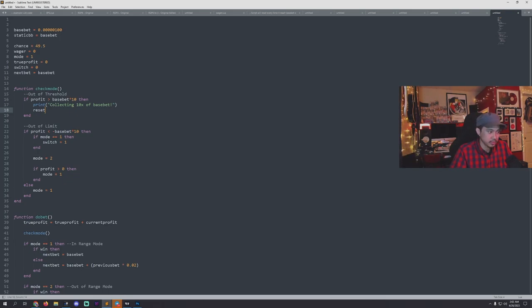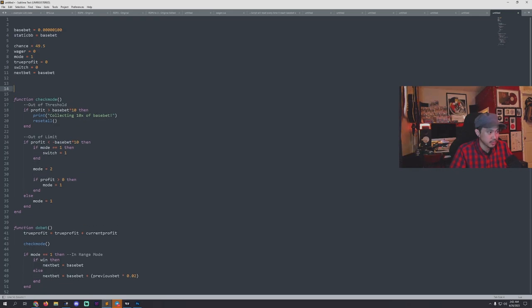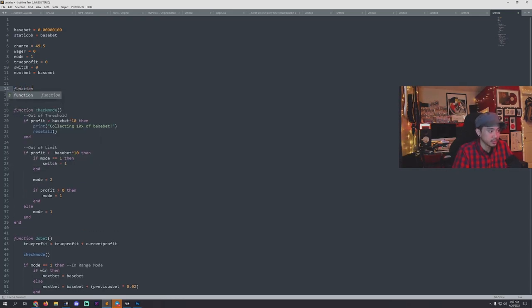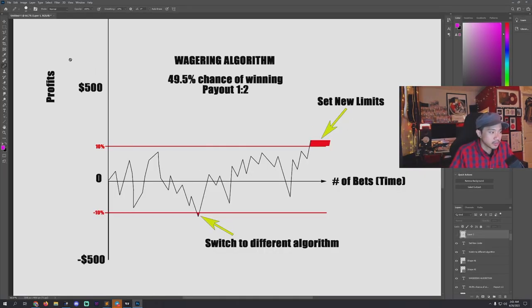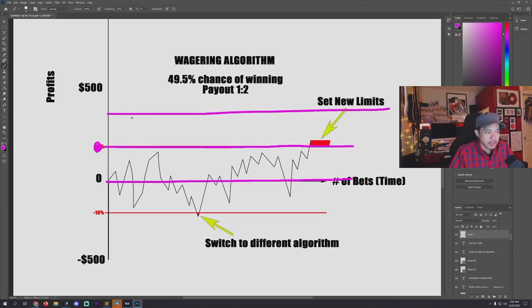Well, we're going to have to write another function. We'll call this reset all, right? All right, let's go up here. What is reset all? We will define reset all. Earlier, when I drew this, this purple or pink line, if it goes above here, we're going to reset all.